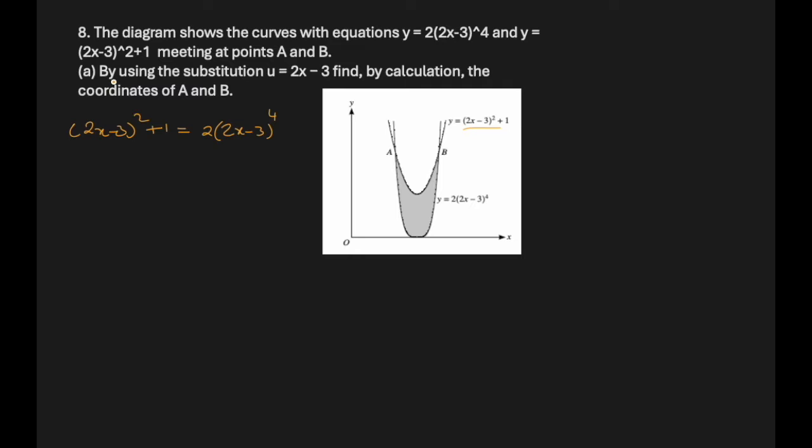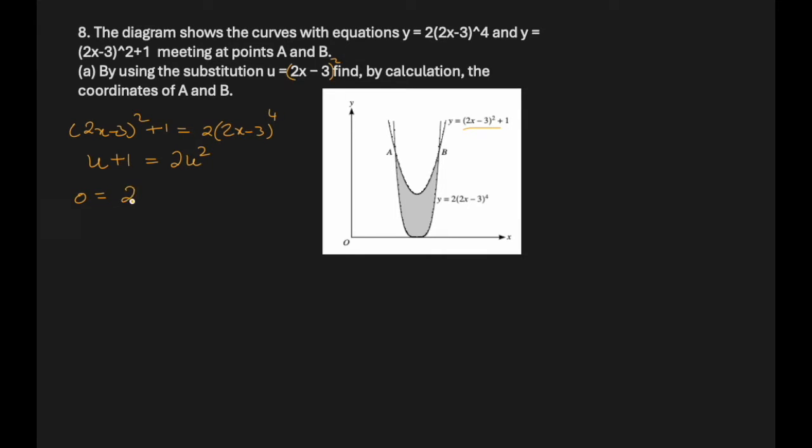Now, since they are using the substitution, I will use u equal to (2x minus 3) square. Why? Because it is power 4 also. So this becomes u plus 1 equal to 2u square, isn't it? Because square of square will be 4, and it becomes easy.